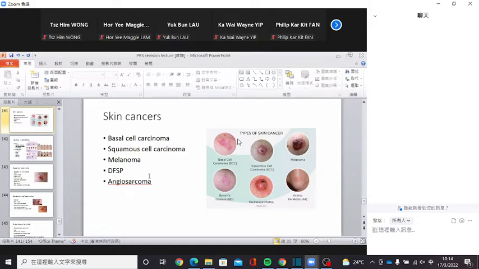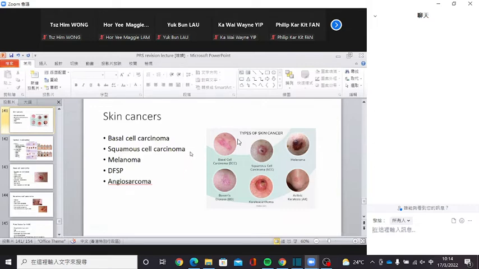Because they do appear in some stations, like neurofibroma or seborrheic keratosis, lipoma, sebaceous cyst, they could still appear. And skin cancer is not the only answer in your examination.